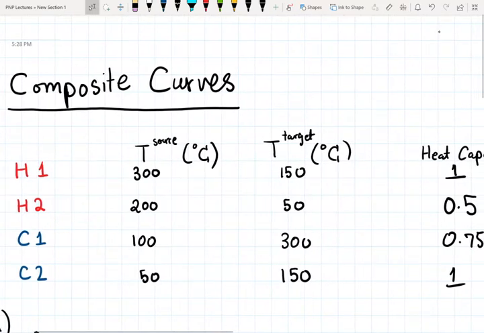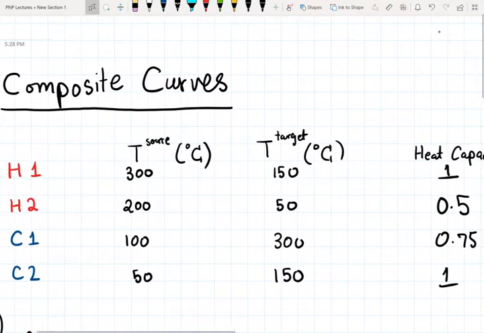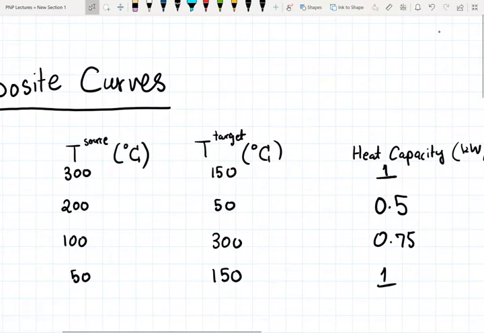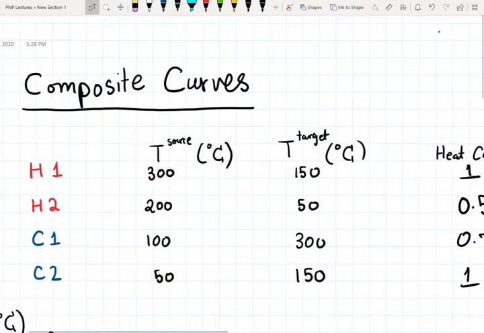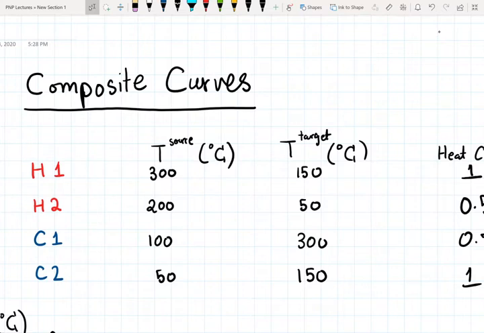We have our source temperatures and we have the desired target temperatures along with the heat capacity of each stream. In this video, the method that we're going to be using is called the composite curves.